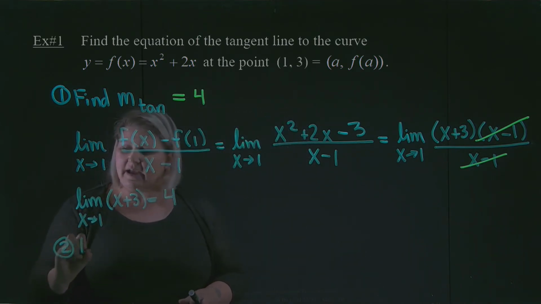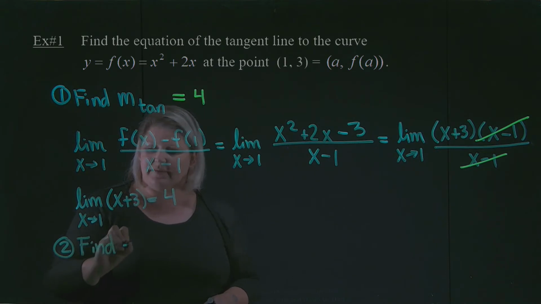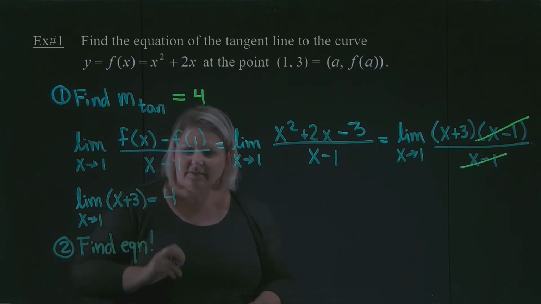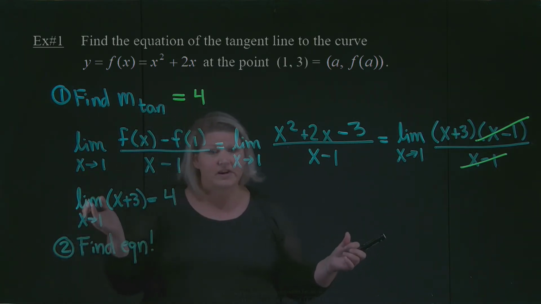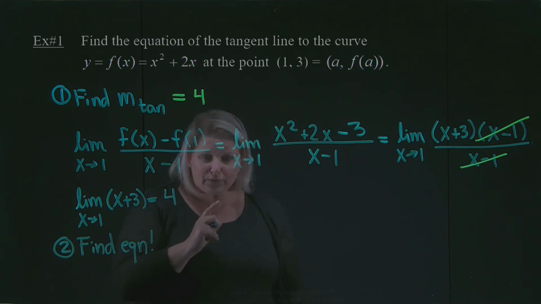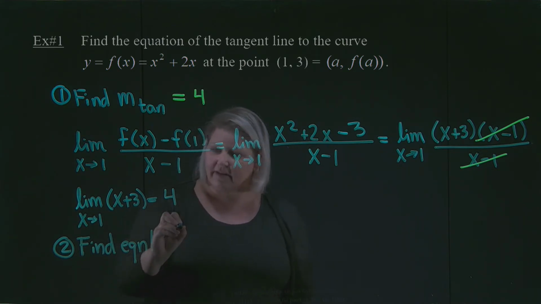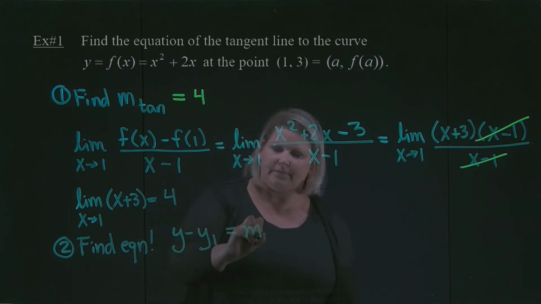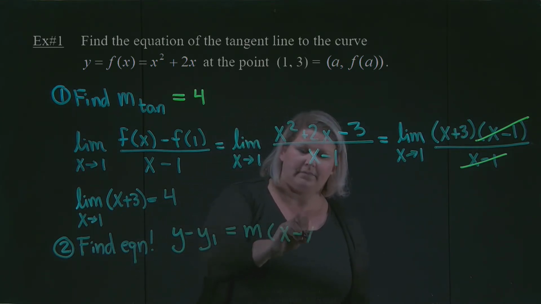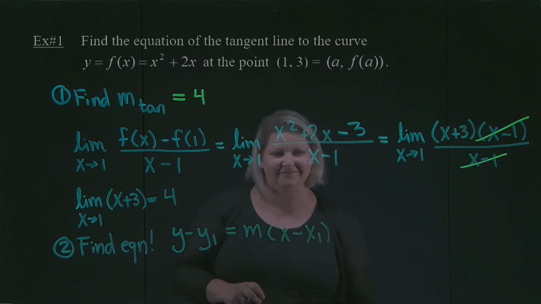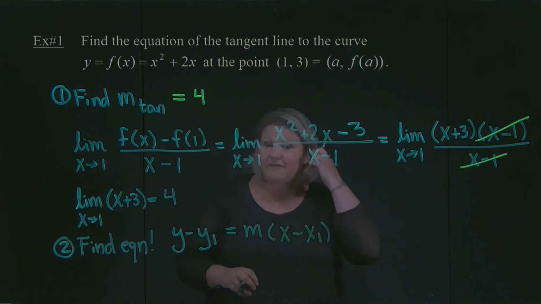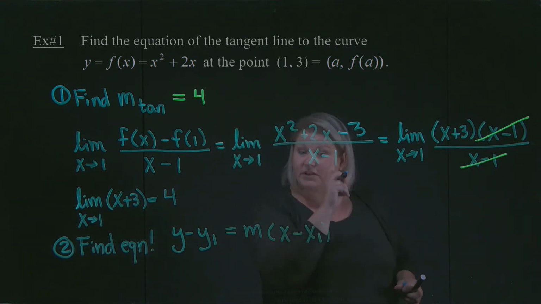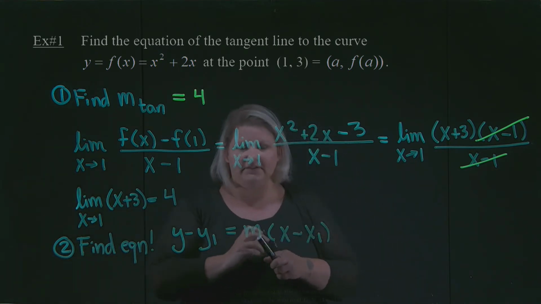Next, I'm going to find my equation. I am going to use the point slope formula. Sorry for all the squeaking. And I'm going to plug in my given point, and I'm going to plug in the slope I just found.